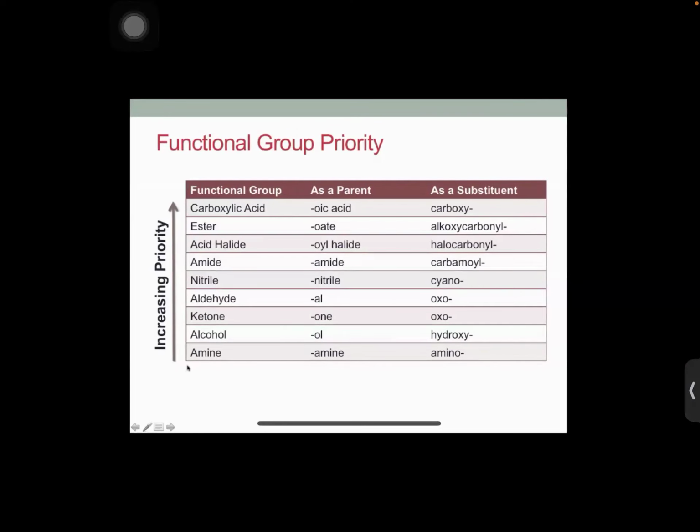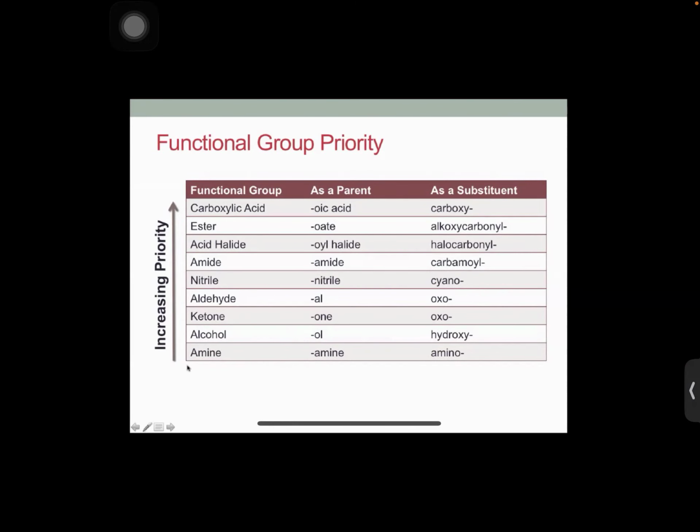If you have carboxylic acid alone, you call it oic acid. And if you have carboxylic acid with some other group, you call it carboxy. But if you look at the priority order, if you have two functional groups, for example, carboxylic acid and alcohol, who will get the priority?